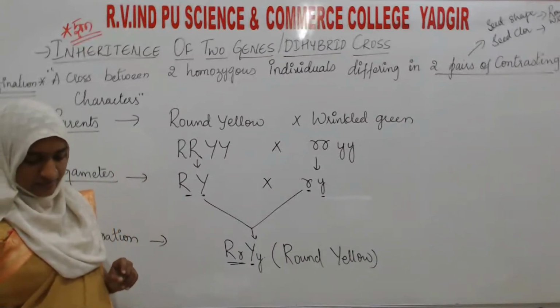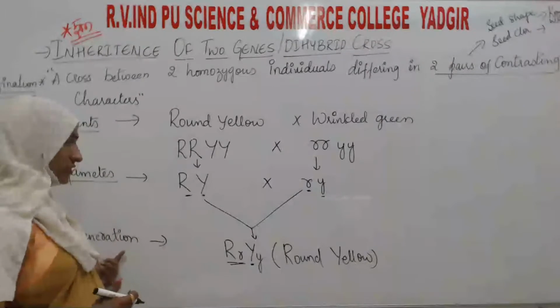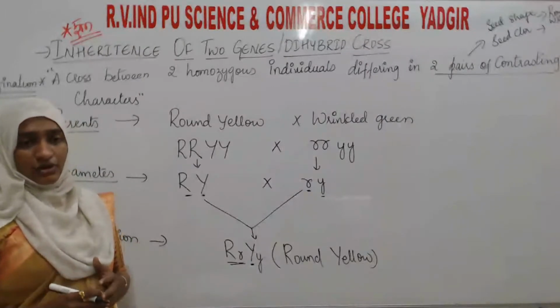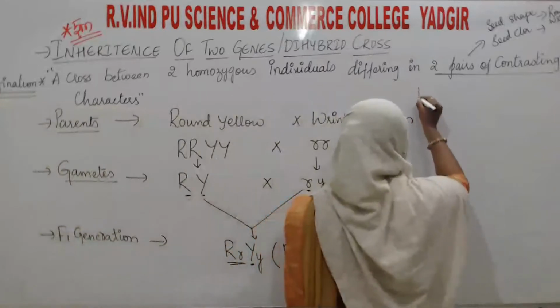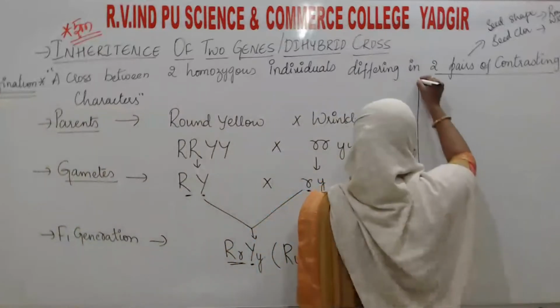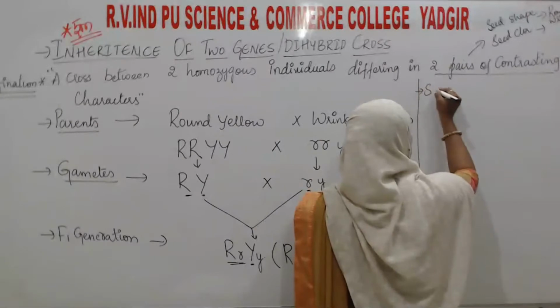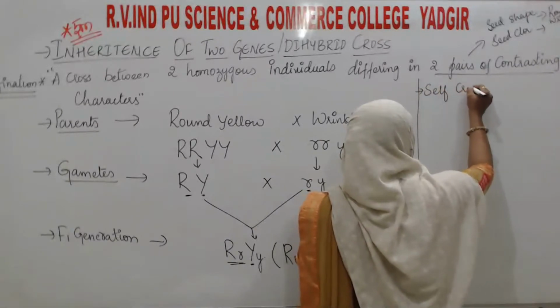Okay, the next step after the F1 generation is the self-cross. How to do a self-cross?